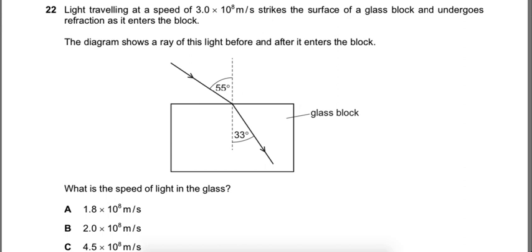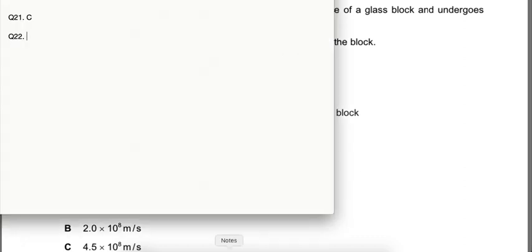Now your goal is to figure out which one is going to be the speed of light inside the glass block. So the data that we have allows us to calculate the refractive index. Let's do that because there's another formula that relates the refractive index to the speed of light. sin i over sin r equals n.